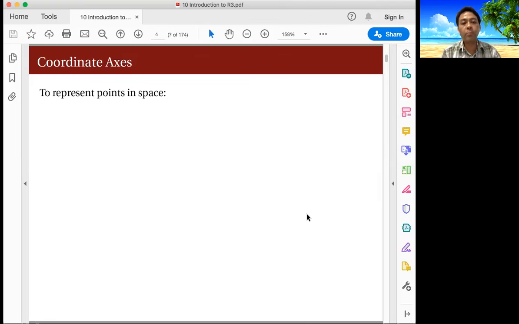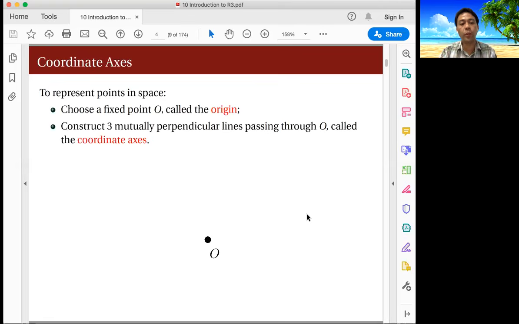Now, to represent points in space, first we start with any arbitrary point, and we call that point the origin. From the origin, we draw three mutually perpendicular lines. Let's start with the first line. We call it the x-axis.